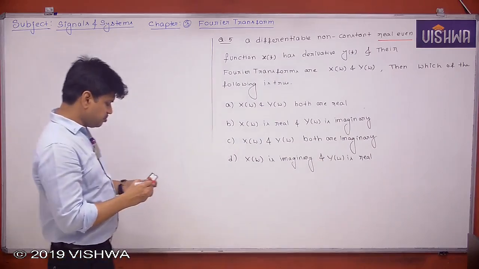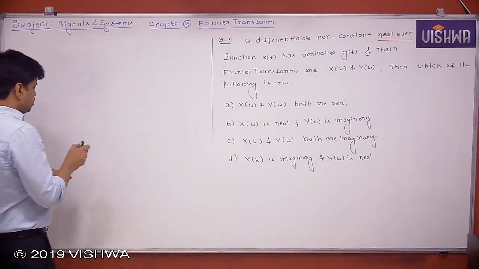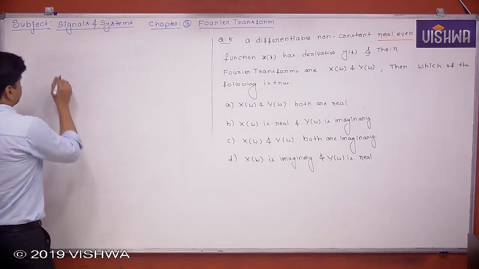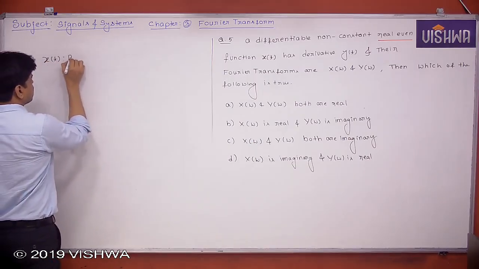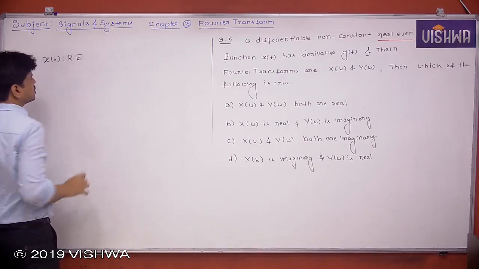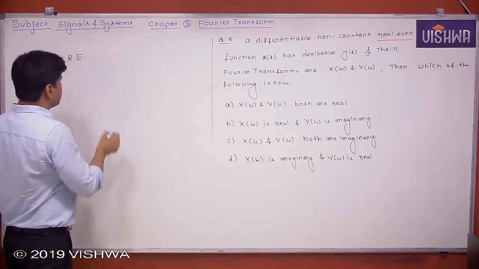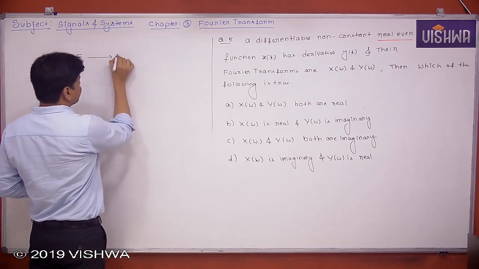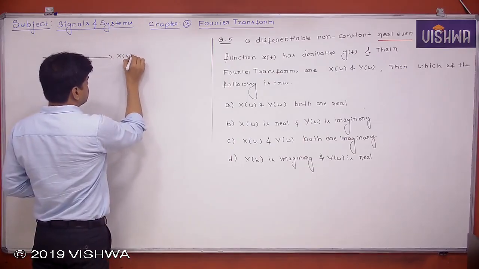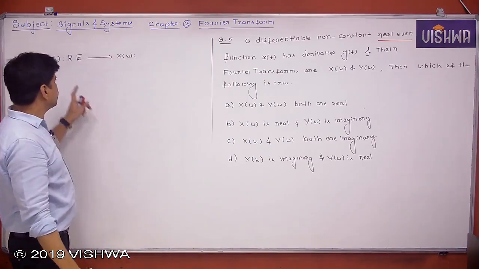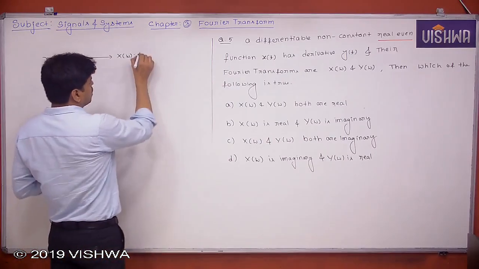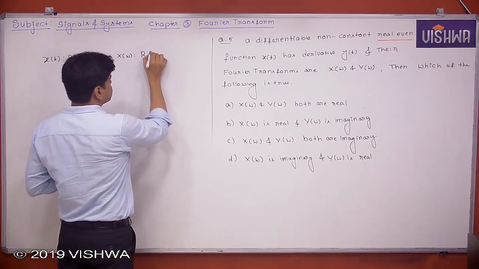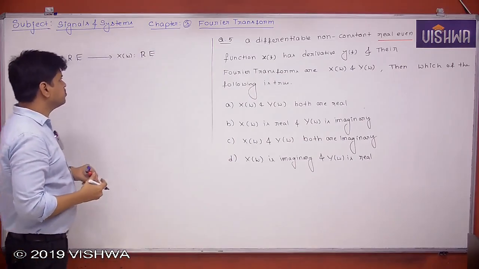Let's say given the x of t function which is real and even, for this function what is the nature of X of omega? We have seen from the table that a real and even function has a real and even function only of omega.